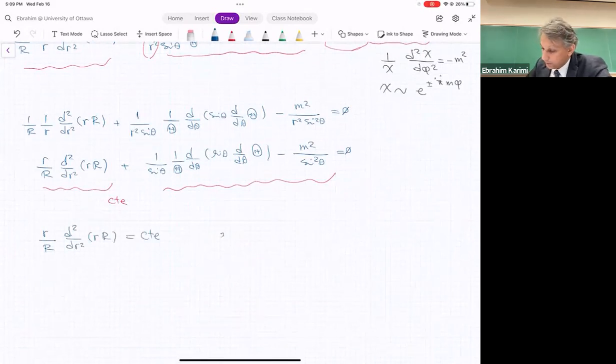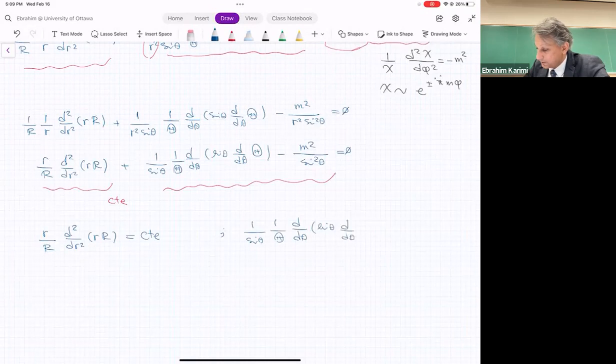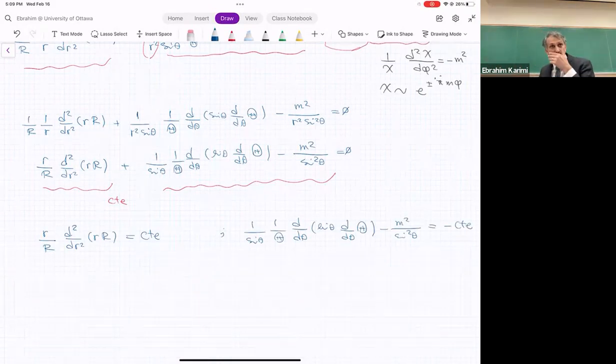Which means also on the other side, 1 divided by sine of theta, 1 divided by theta capital, d theta, sine of theta, d theta of theta capital, minus m squared divided by sine power of 2 is equal to minus that constant, because the sum should be equal to 0.